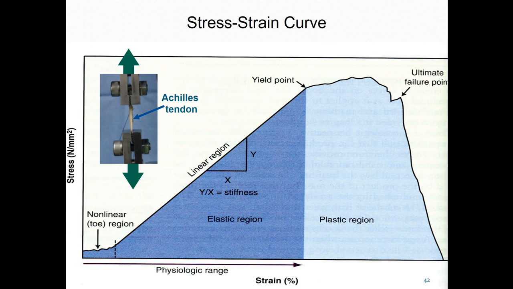So once we move past the yield point at the end of the elastic region, the behavior of the tissue is going to change, and when we strain it further, when we pull it apart further, when we let it go, it's not going to go back to its original shape. Lastly, in this stress-strain curve, we reach the ultimate failure point. This is the point when the tissue partially or completely separates and loses its ability to hold any tension whatsoever.